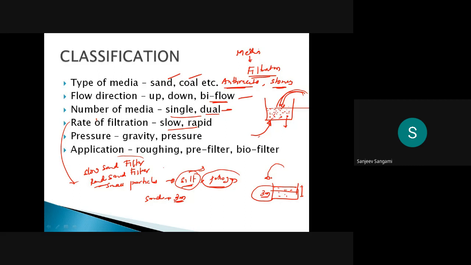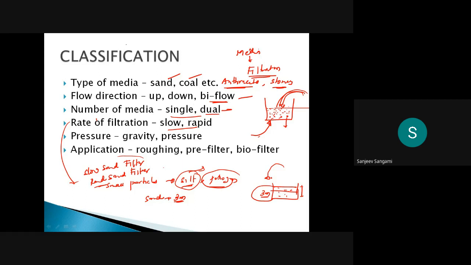In the slow sand filtration process, we are using different filter media, and in rapid sand filter, we are using different media. Sometimes it is common, but the rate of filtration is very low in slow sand filtration, and in rapid sand filtration the process is faster, okay.